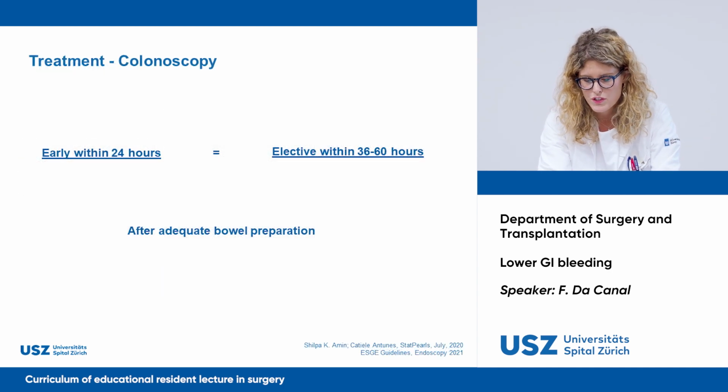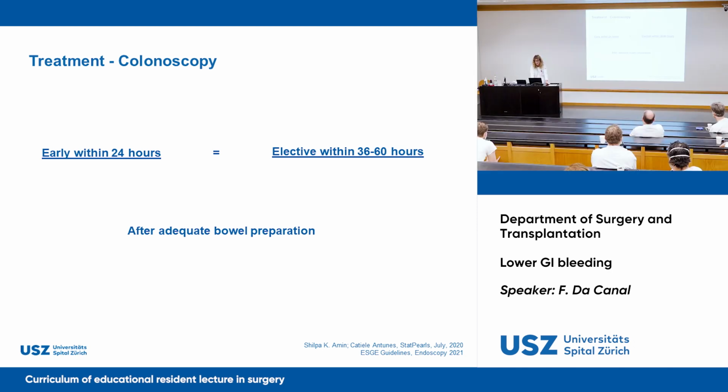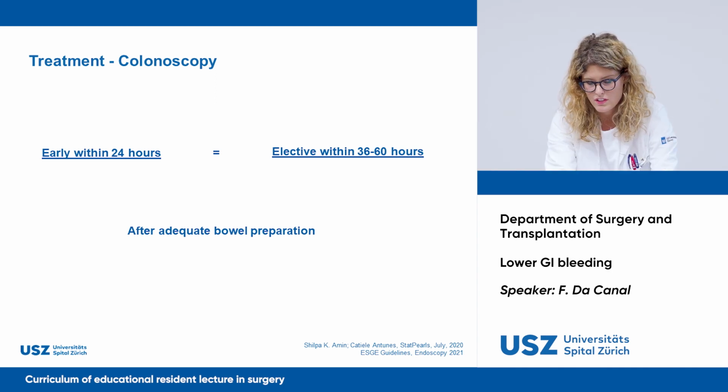Colonoscopy should be the first diagnostic modality for hemodynamically stable patients with acute lower GI bleeding because of the therapeutic option it offers. The colonoscopy should only be performed following adequate bowel preparation using a large volume of PEG solution, with eventually even the use of a nasogastric tube for the administration in case of nausea.